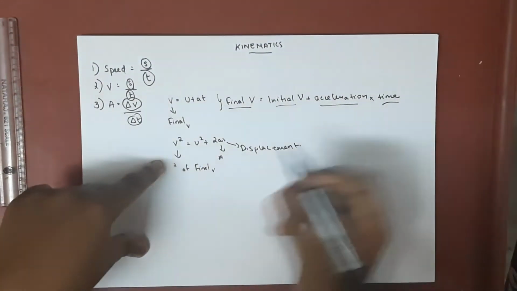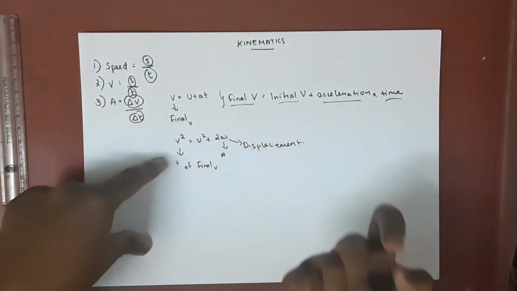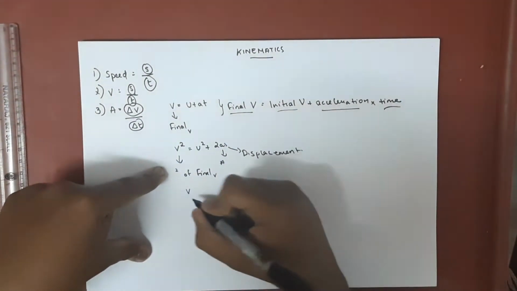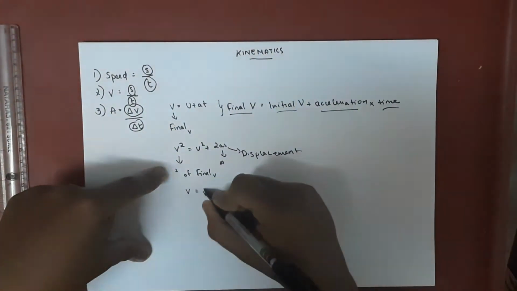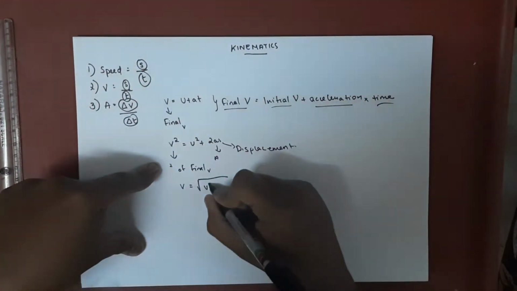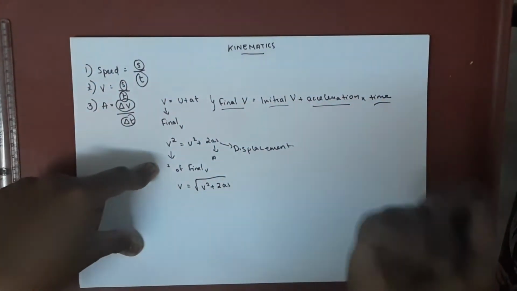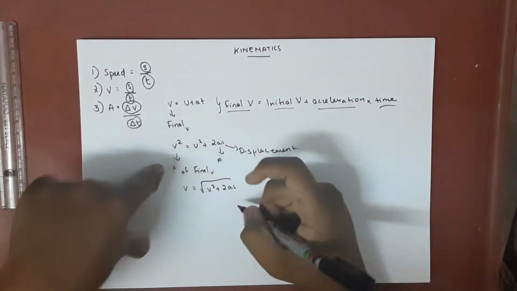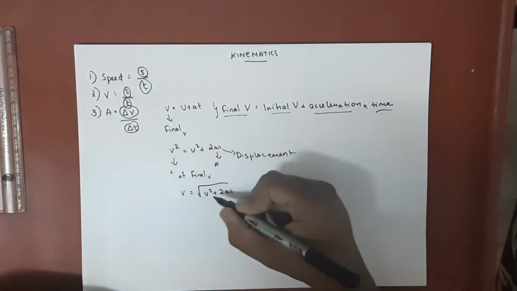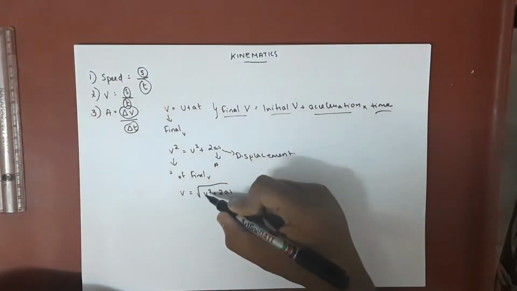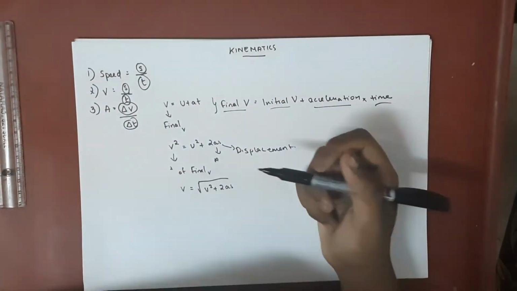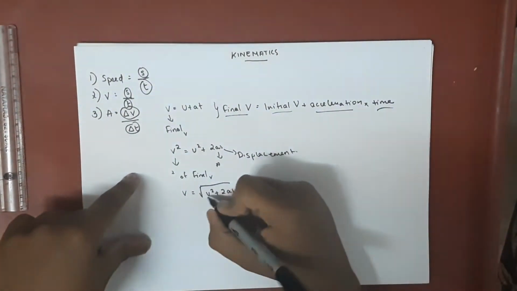Using this, we can find the square of final velocity. But if you want to find just the normal velocity, you can do this: root of u squared plus 2as. Just simple mathematics. And again, this is displacement, acceleration, initial velocity, and final velocity, as you can see over here.